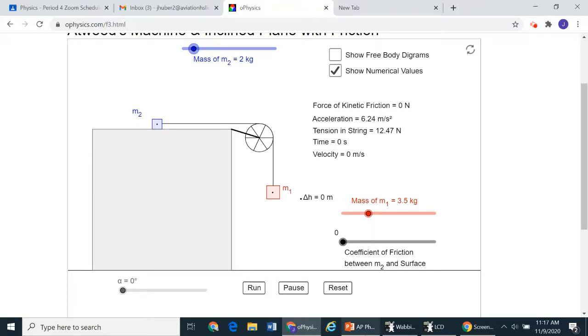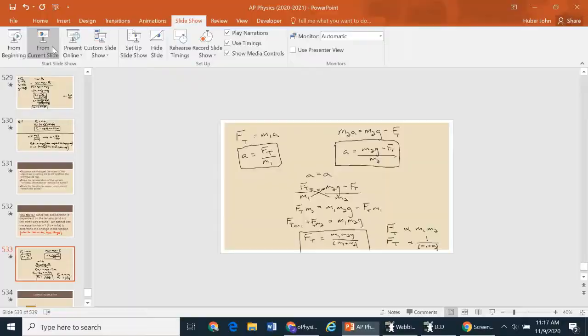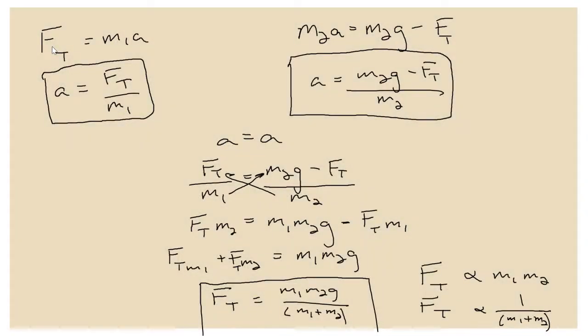So the fact that the numerator is a product and the denominator is a sum means in that case the numerator increases at a larger rate than the denominator, which means changing that mass makes the tension go up.